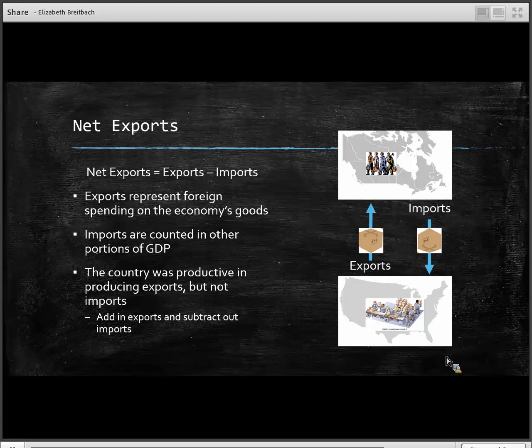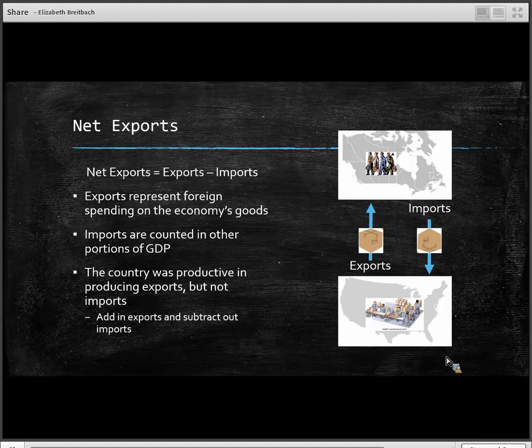So when we're looking at our imports, they're counted in other parts of GDP, and we have to subtract them out because it wasn't the United States that was productive, it was another country. Exports are those goods that we're producing within the United States and shipping out. We are productive and we do want to include those in GDP.